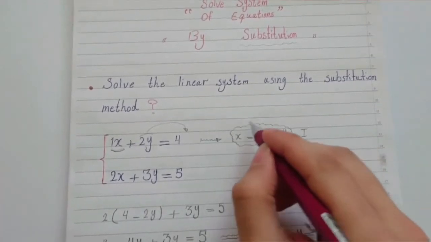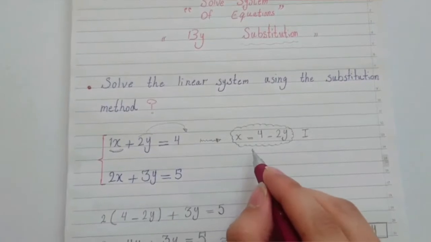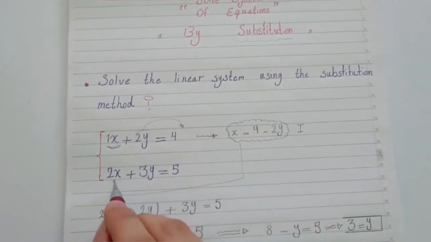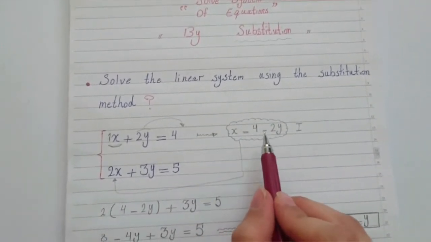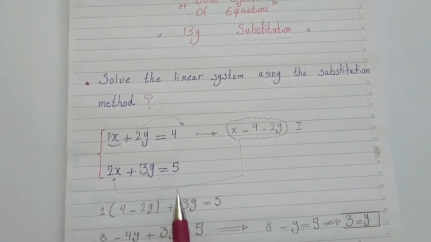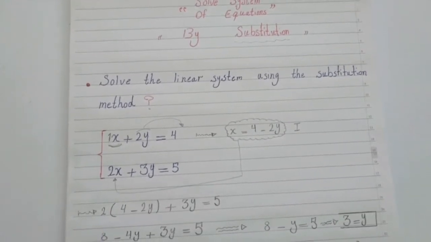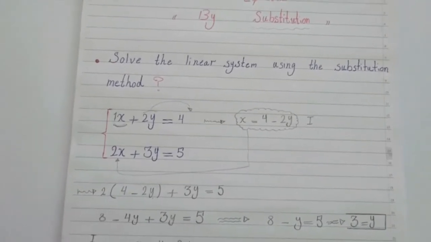And according to this equation here, because we have x now, we only need to substitute this x in here and plug it in here. 2 times 4 minus 2y plus 3y equals 5. In this equation, we have only one unknown, which is y. And we can easily find it, okay?